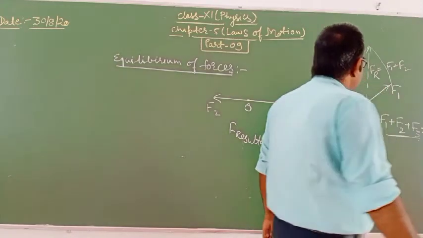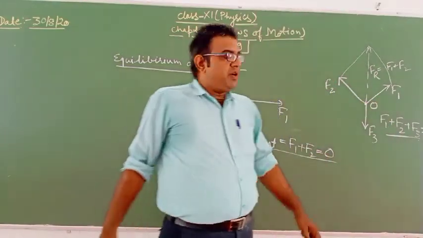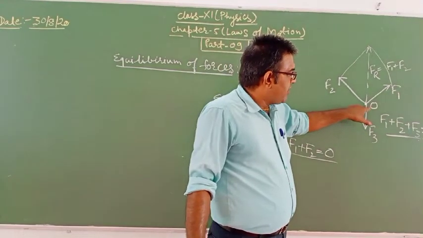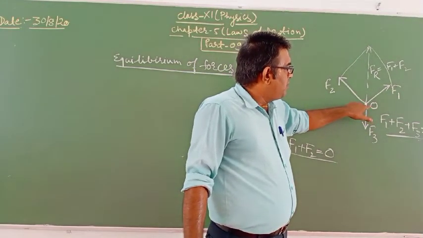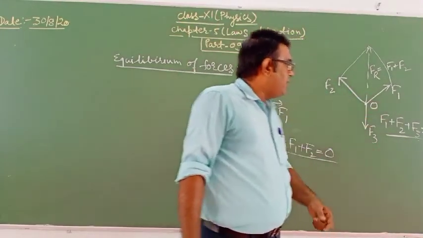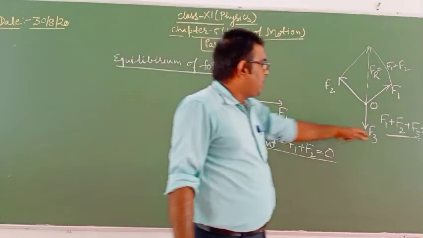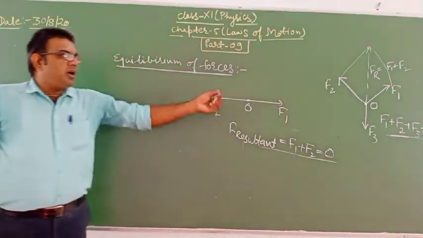So if these forces are acting at point O, then the point O is in equilibrium under the effect of forces F1, F2 and F3, and we can say that F1 plus F2 plus F3 is equal to 0.